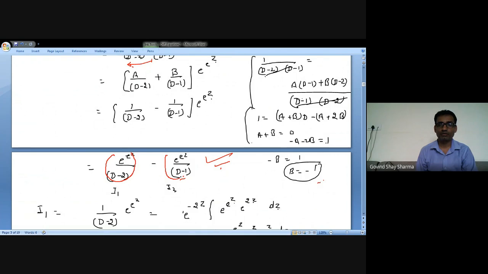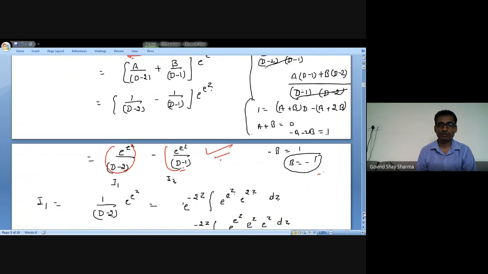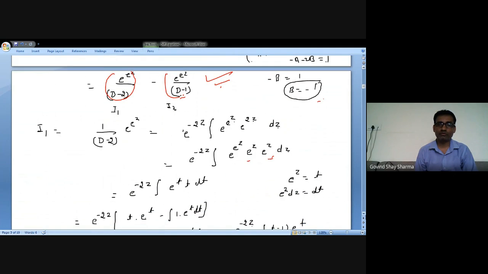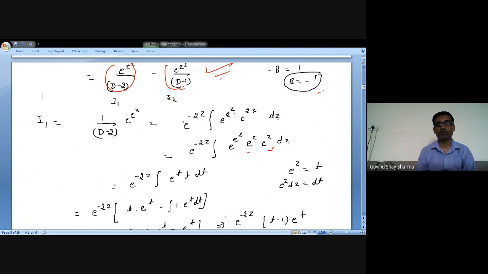So I1 is equal to e to power z upon D minus 2, so this becomes e to power minus 2z. Here we can write e to power 2z as e to power z times e to power z, and e to power z we take t for integration. So e to power e^z becomes e to power t.